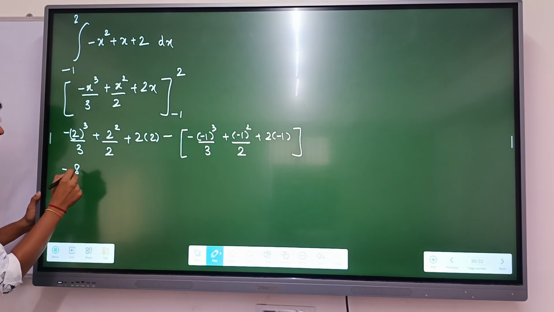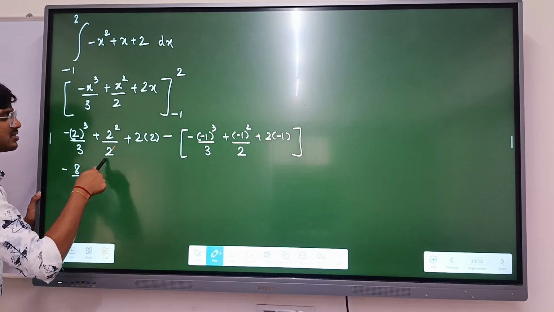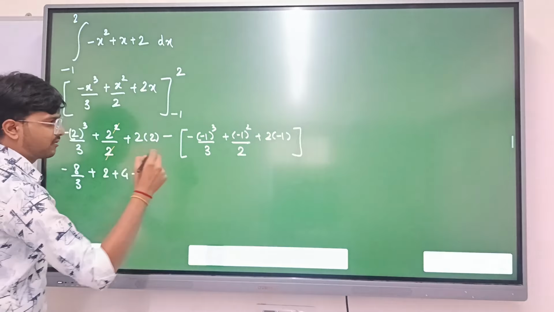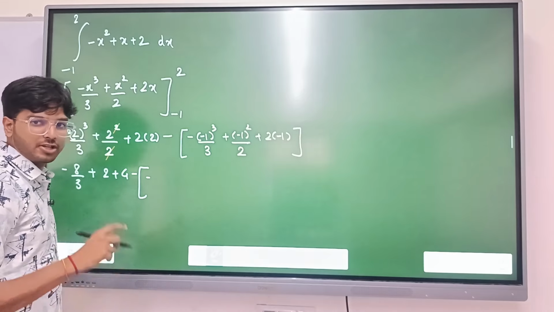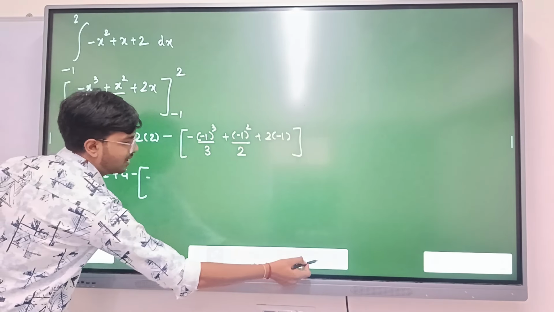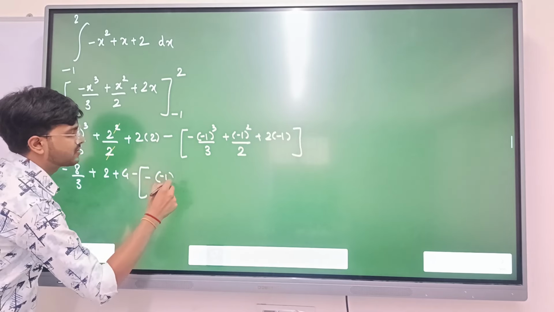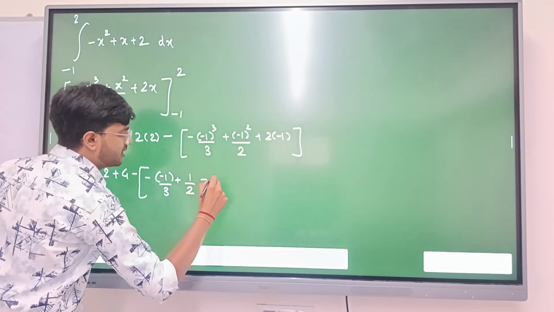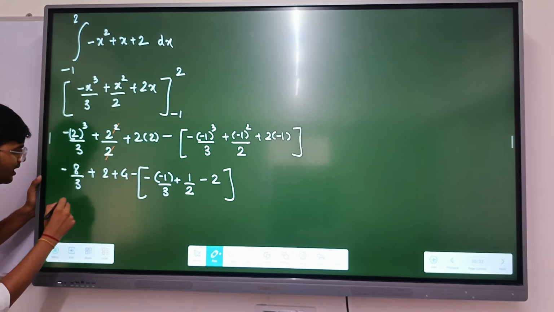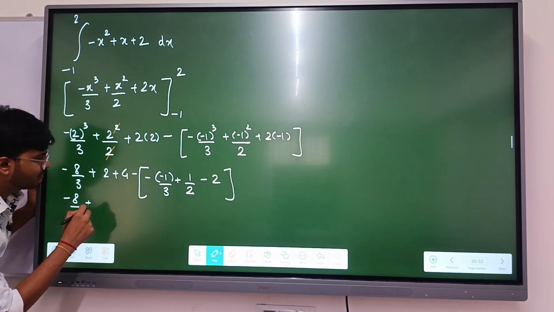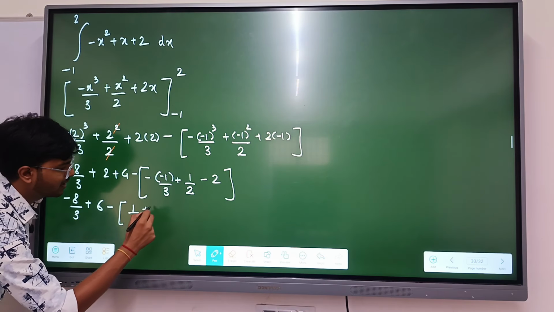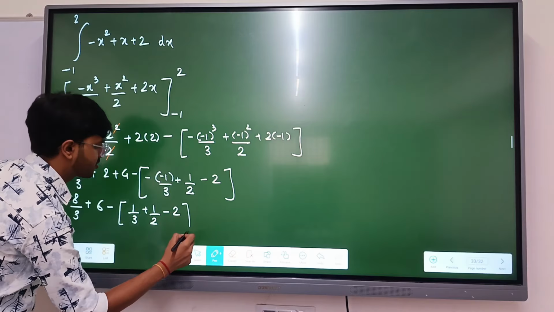So minus 8 by 3 plus 2 square by 2 cancels to 2, plus 4, minus of minus 1 cube, which is minus 1, so minus of minus 1 by 3 plus 1 by 2 minus 2. So we have minus 8 by 3 plus 6 plus 1 by 3 plus 1 by 2 minus 2.